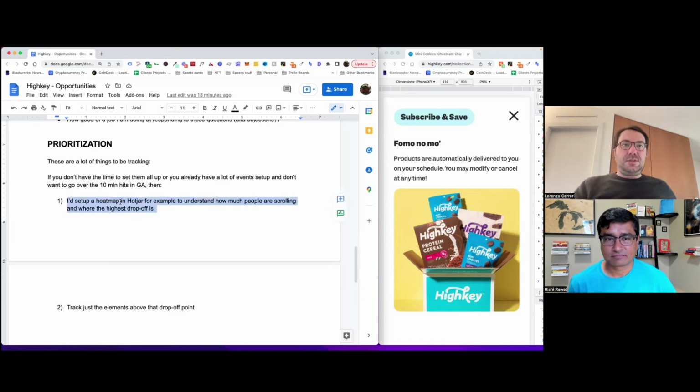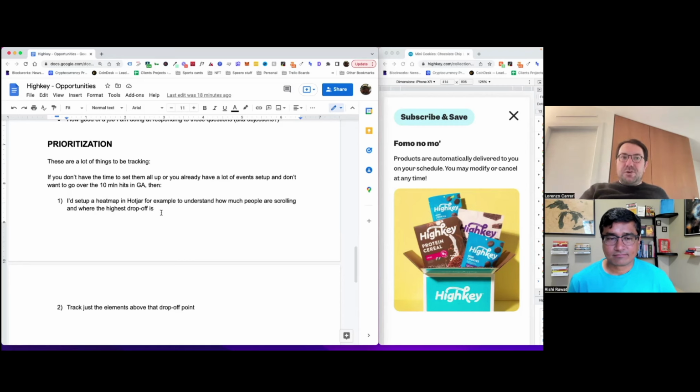First, set up heat maps in Hotjar, for example, to understand how much people are actually scrolling down this page, on mobile specifically. Once you have set up the heat map and start analyzing it, I would want to see where the biggest drop off in the scroll map is.